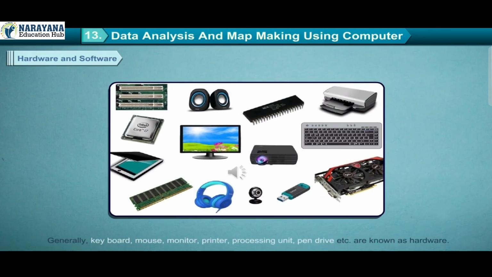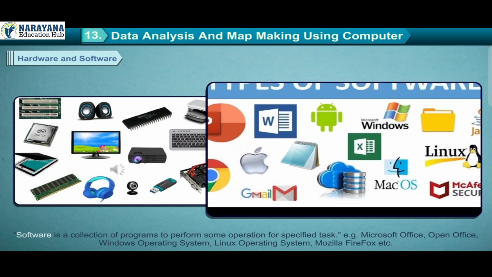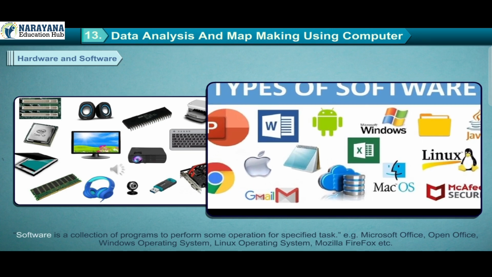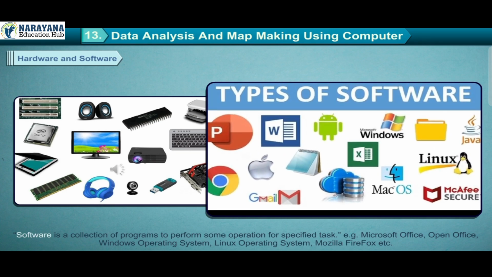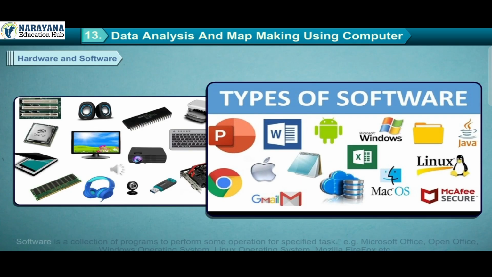Generally, keyboard, mouse, monitor, printer, processing unit, pen drive, etc. are known as hardware. Software is the collection of programs to perform some operation for specified task. Example, Microsoft Office, OpenOffice, Windows operating system, Linux operating system, Mozilla Firefox, etc.